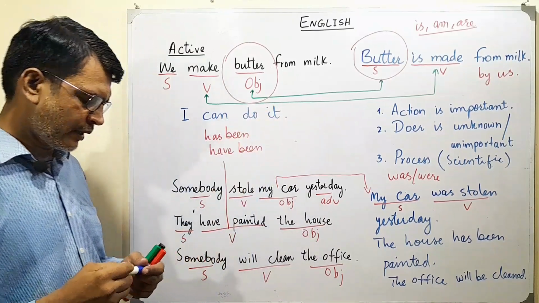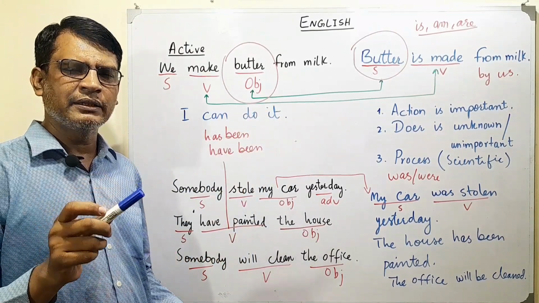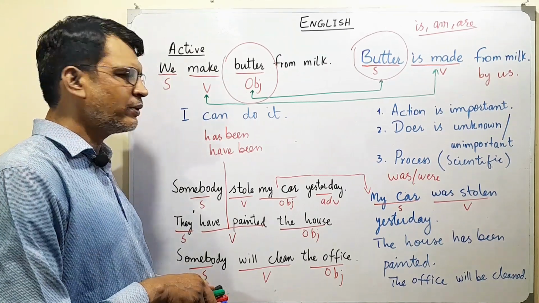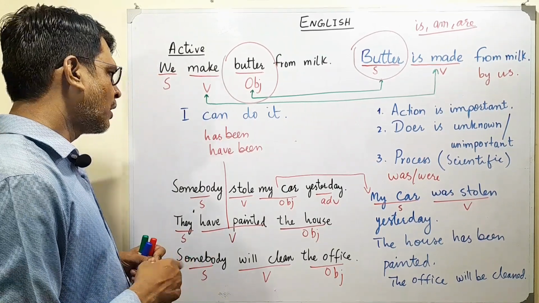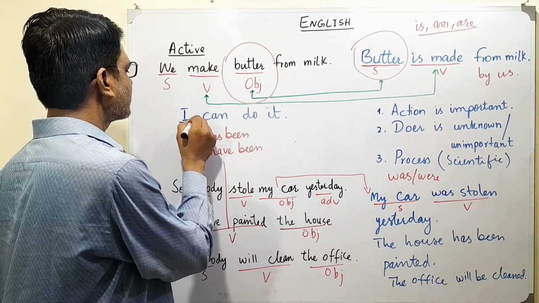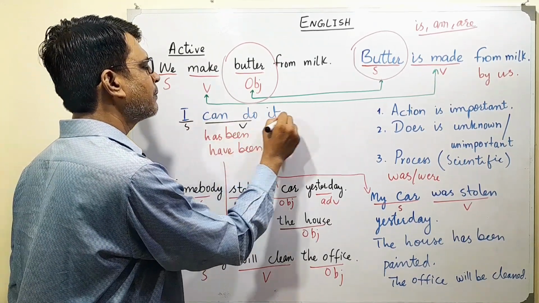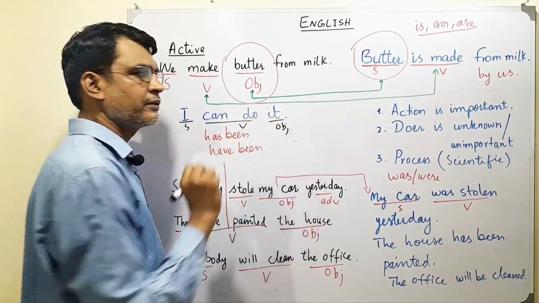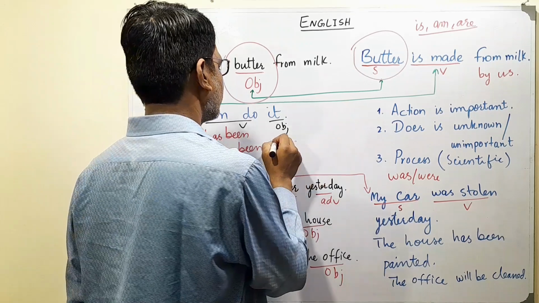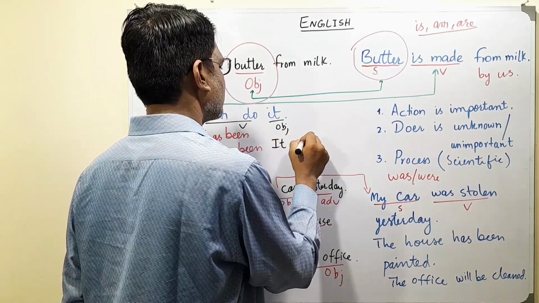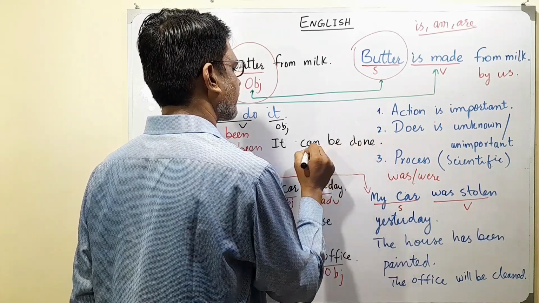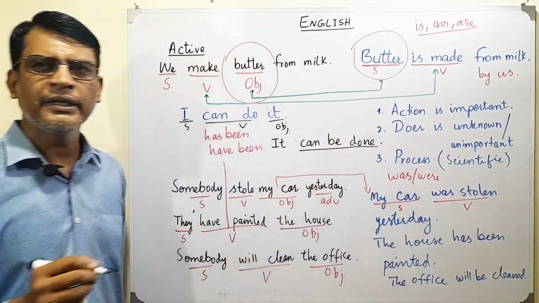This is a sentence with can as a modal verb. I can do it. So, what do we do with this? We identify the subject, verb, and object. It is an object. So, we'll take out it, we'll say it can be done. It can be done.